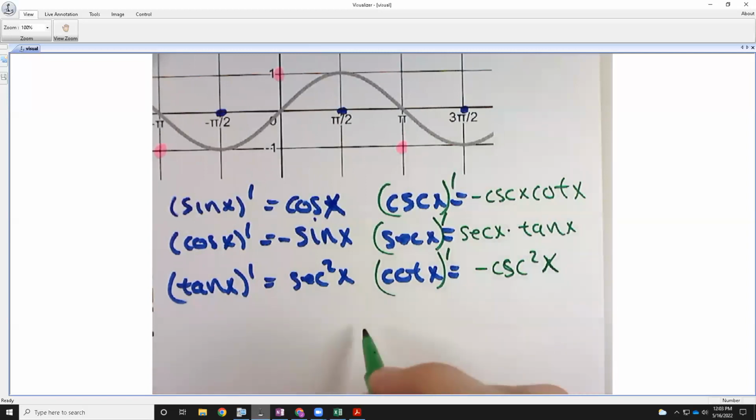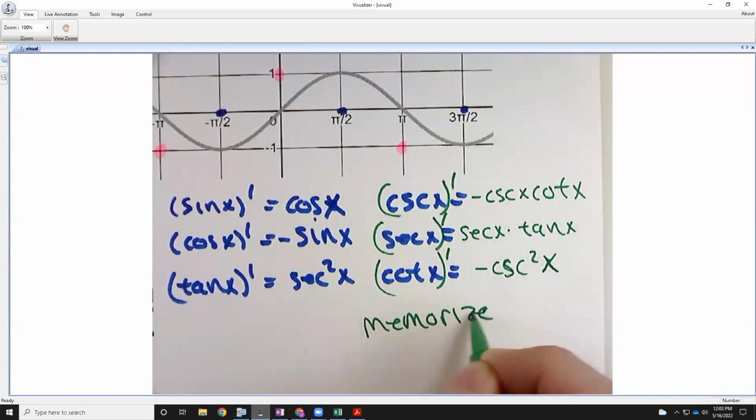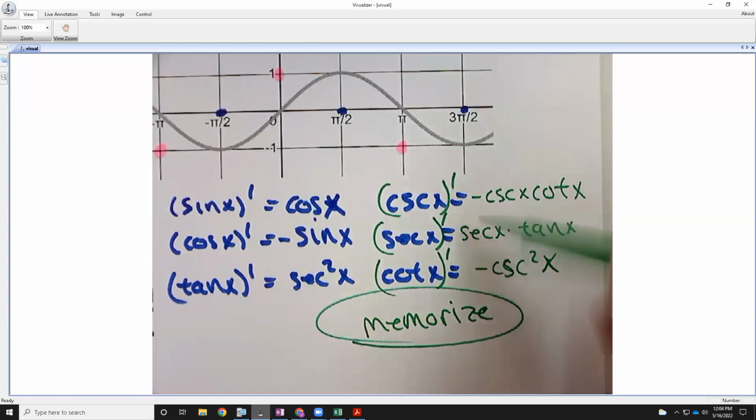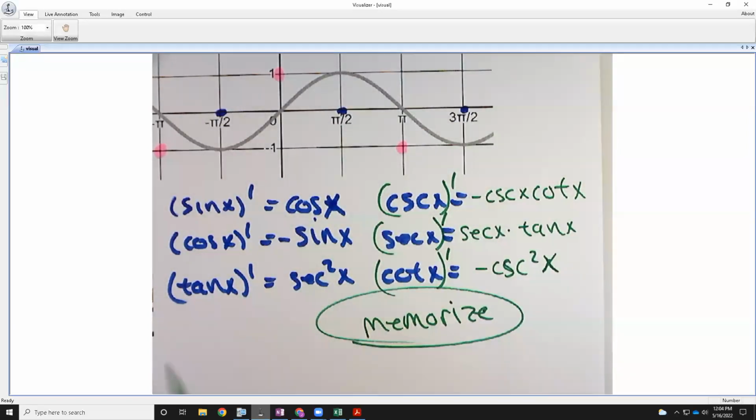I would suggest you have these things memorized. Now, I tend not to use these so much, but it's convenient to have these memorized anyways. These you should definitely know.